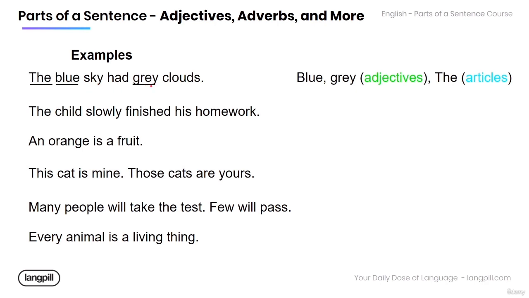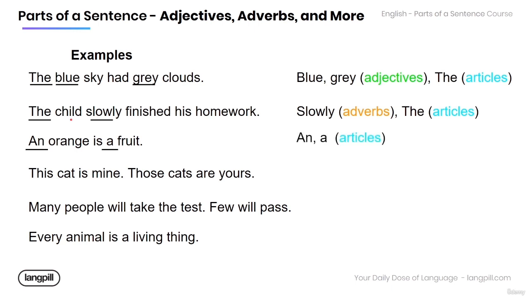Gray is an adjective describing clouds. And the is an article for sky. The next sentence, the child slowly finished his homework. Here we have slowly, which is an adverb describing finished, and the, which is an article for child.